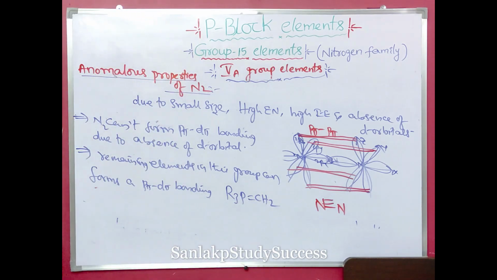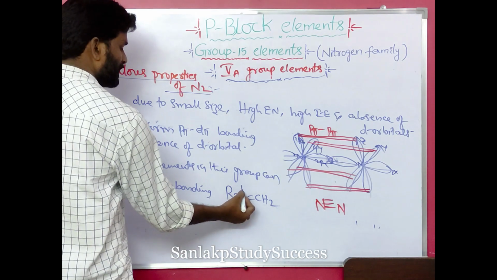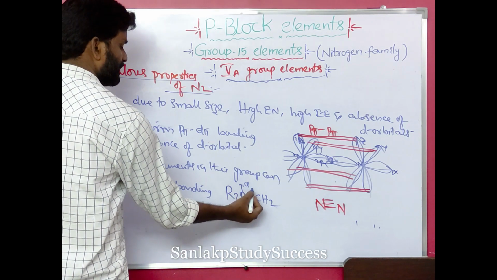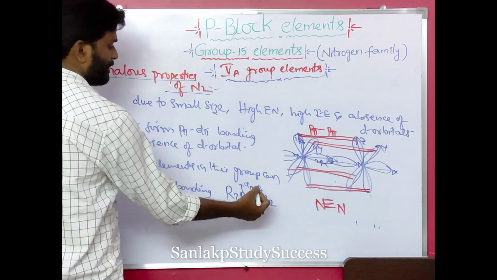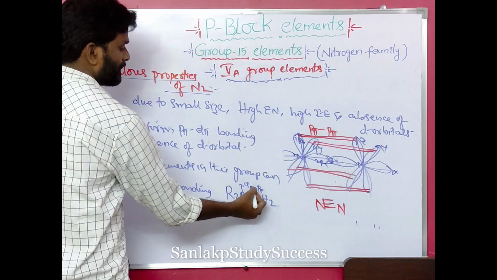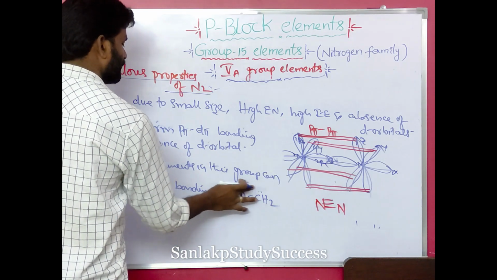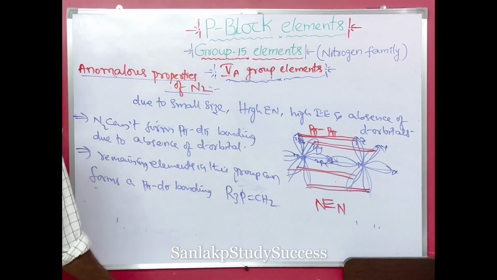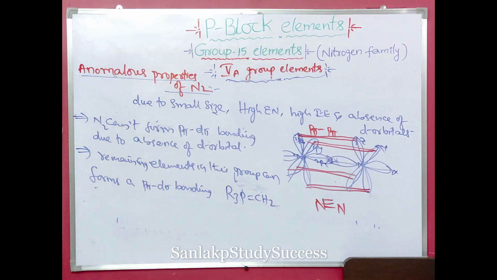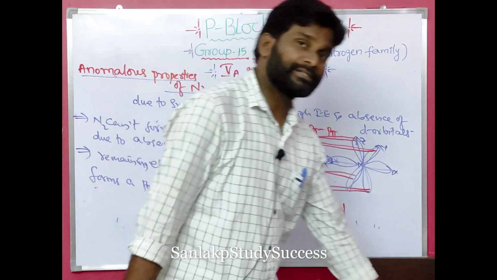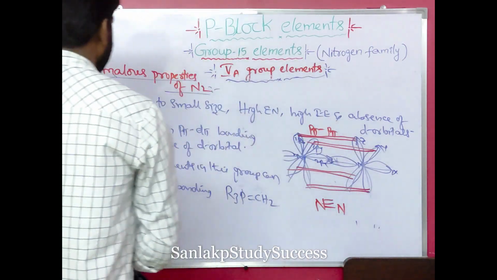This is the p orbital, that is d, this is p, so that is d-pi p-pi. Remaining elements in this group can form d-pi p-pi bonding, but nitrogen cannot, due to the absence of d orbitals.